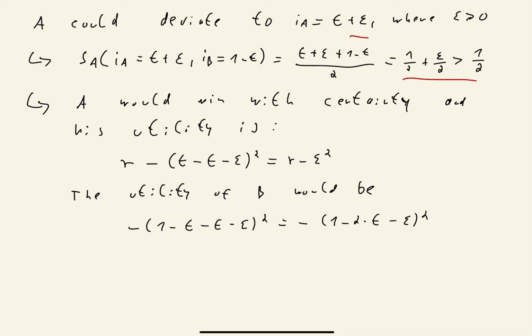Now, given this deviation, what can B do? Now, B can deviate to IB being equal to 1 minus T minus 2 times epsilon. So he can choose the same epsilon as A, independent of how arbitrarily small epsilon is, and then B wins with certainty.